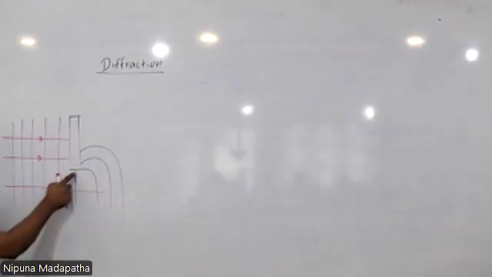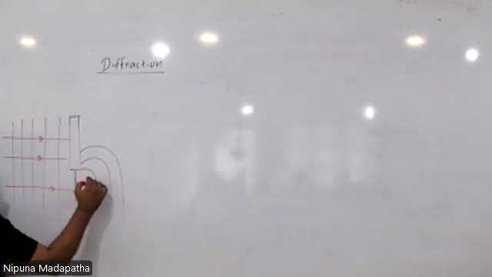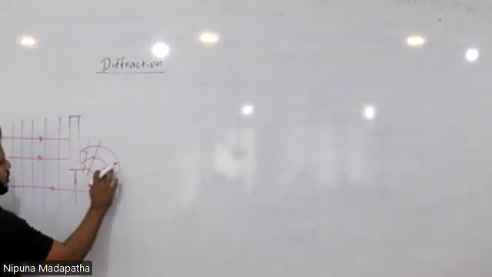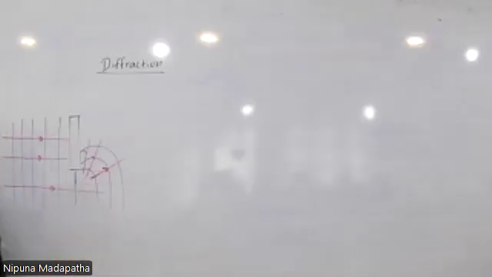When the wave front passes the barrier at the edge of it, it gets spread. This phenomenon is known as diffraction.